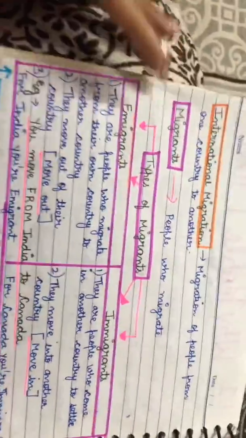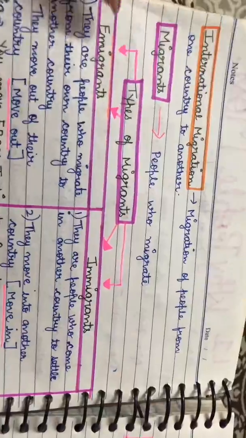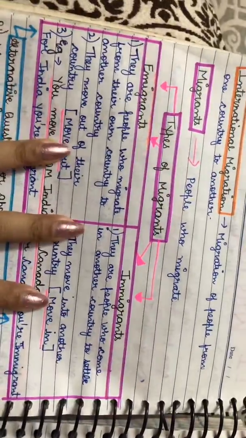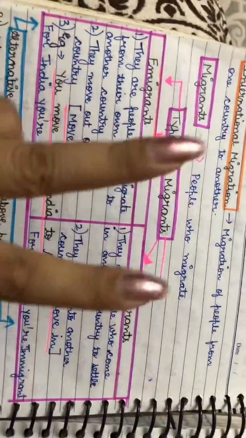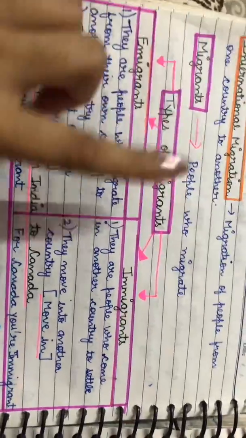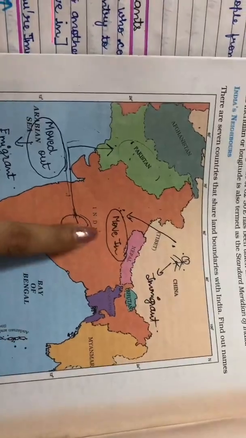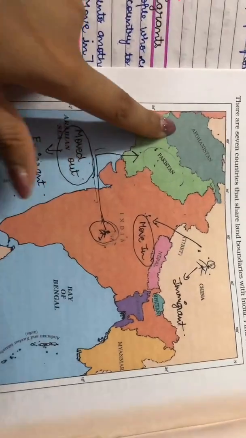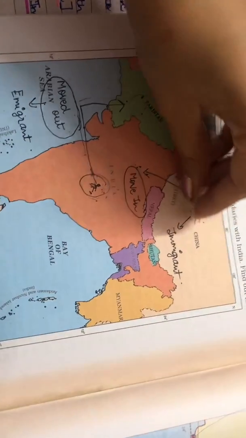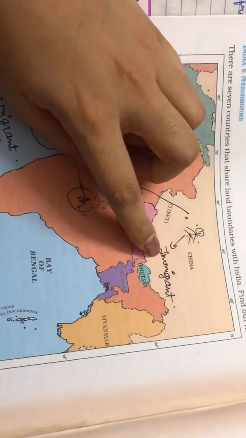Please sing the song for a minute. Repeat 10 times. Moving out, emigrant. Moving in, immigrant. Again, when you move out of your own country, you become emigrant. When you are moving into another country, you become immigrant. Is that clear?